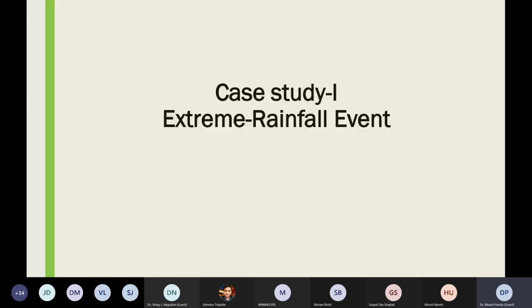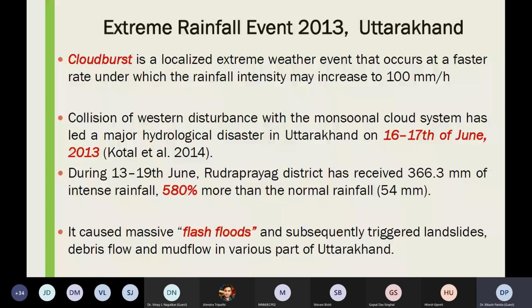So this is one case study related to a cloud burst which happened in the Himalayan region in 2013, in Kedarnath. I think everybody remembers the Kedarnath event in 2013, and because of that there was a lot of infrastructure damage and mortality.